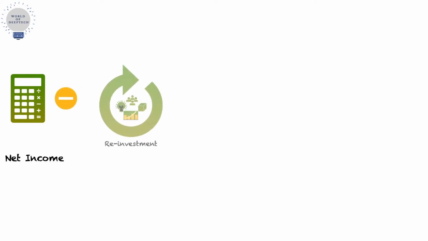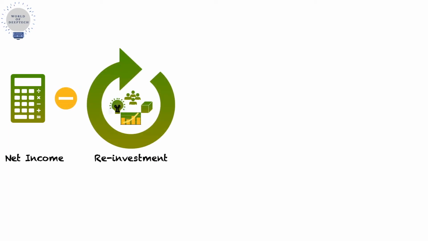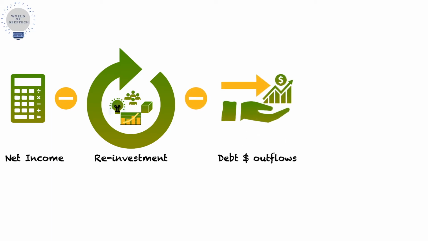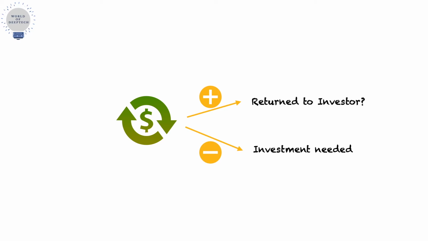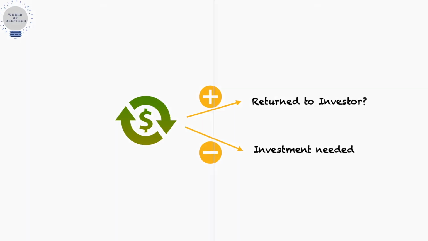From this net income, you deduct reinvestment of cash back into the business and any cash outflows for repayment of debt to arrive at the free cash flows to equity investors. If this free cash flow is negative, more investment is needed. If it is positive, it can be potentially returned to the investors in the form of dividends or share buybacks.